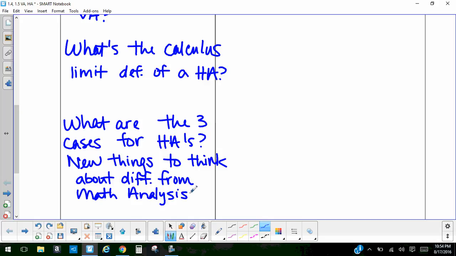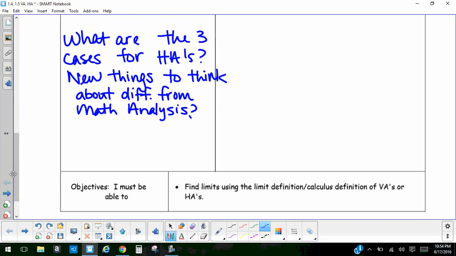So you need to make sure you include, when you're going through this, you already know 3 cases for horizontal asymptotes. But you need to make sure you include what is different and new now that we know calculus and now that we're dealing with some more complicated examples.